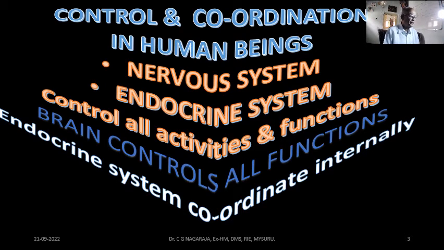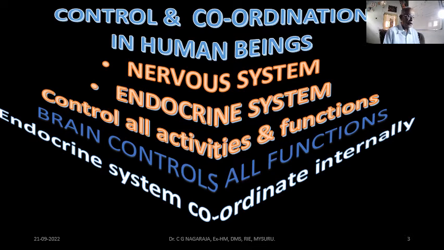We shall briefly study here about control and coordination in human beings. This is especially important to us because we are human beings, we deal with these things every day.